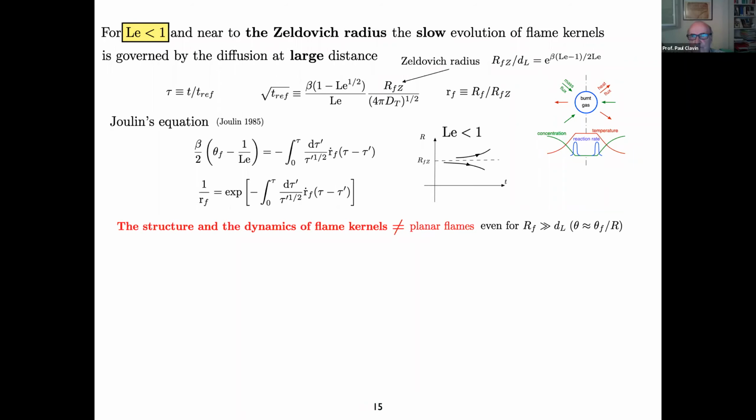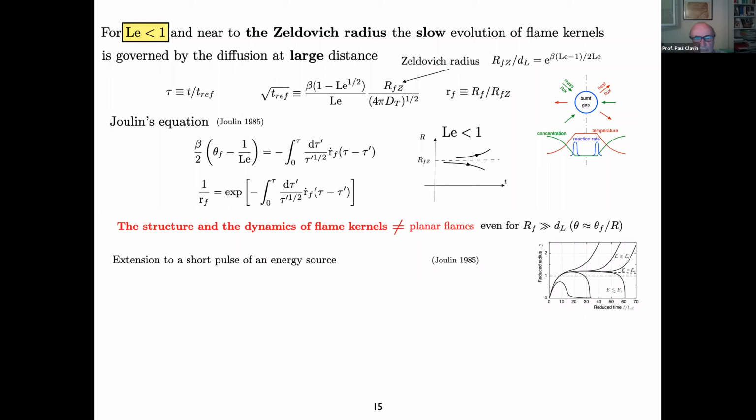This solution was extended later on by Guy Joulin with an unsteady energy source, and he obtained this kind of picture that you have here. When the initiation source is sufficiently powerful, you cross the Zeldovich radius, and then following this analysis, you ignite.